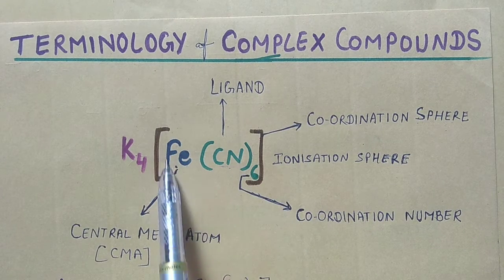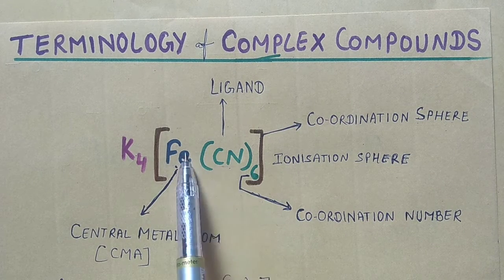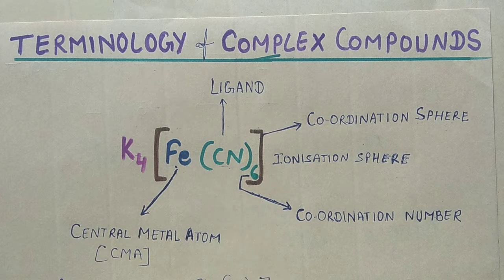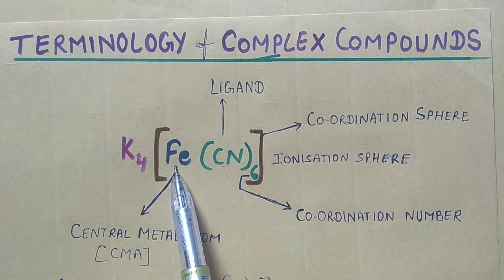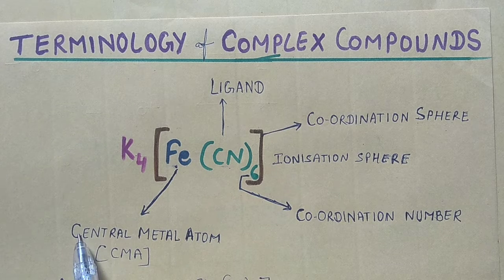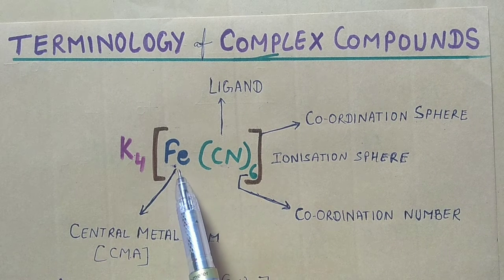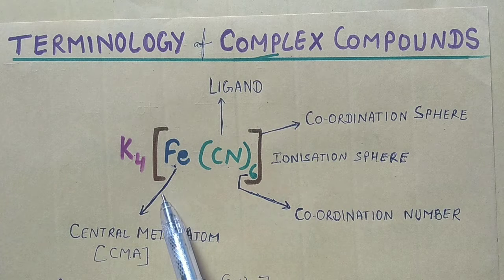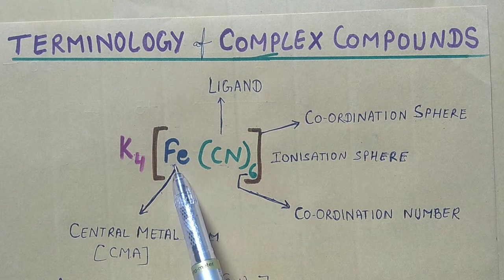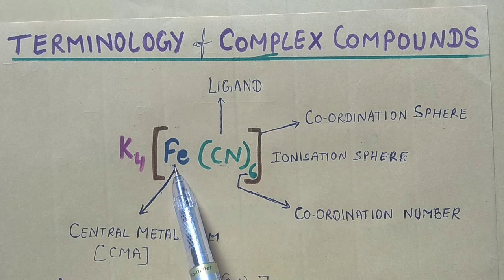In this coordination sphere, two types of groups are present. First, there is always a metal atom, known as the central metal atom, that is CMA. The CMA is always the acceptor of a coordinate bond, with vacant orbitals.